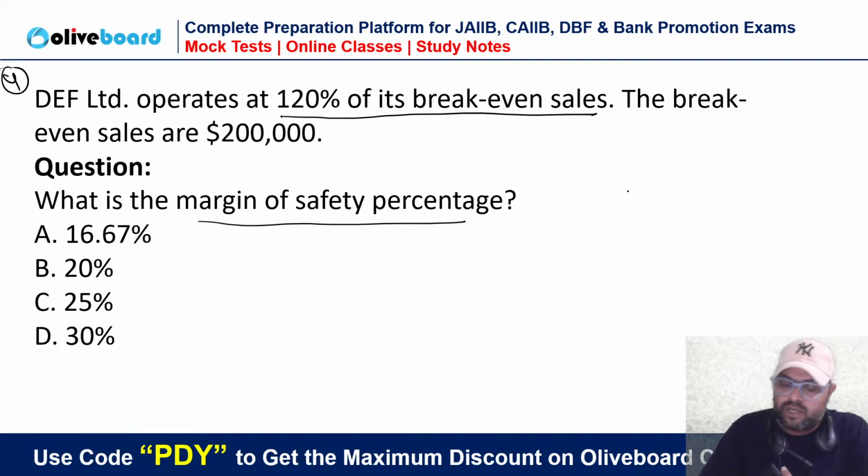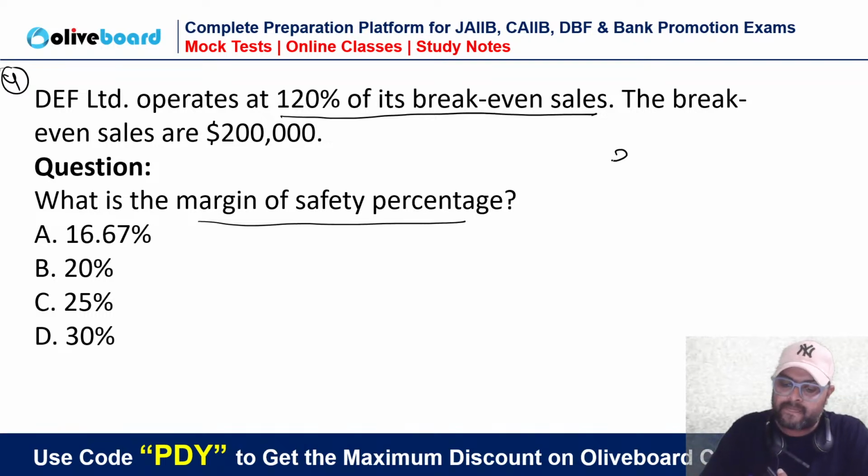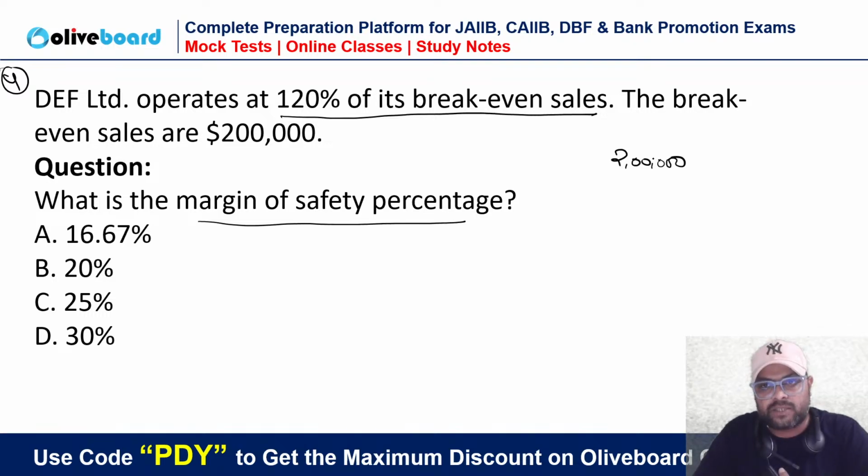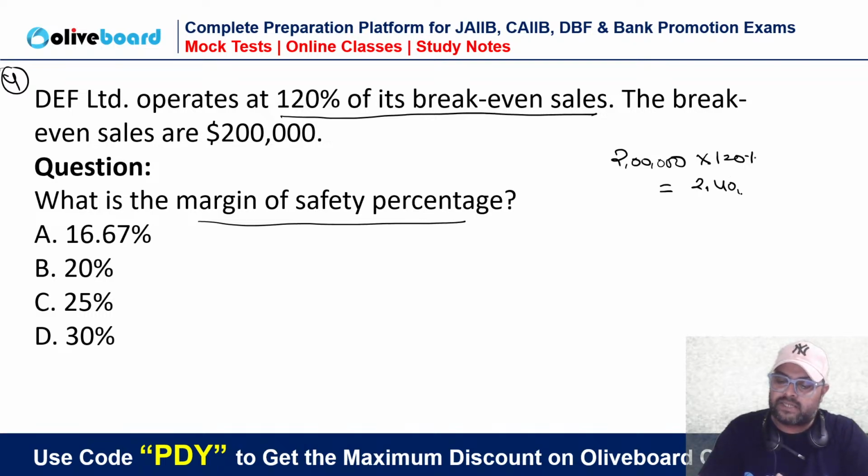First of all, because you are already generating 120% of the BEP and BEP is 2 lakh, 2 lakh into 120% makes the sales of 2,40,000. That's your sales.